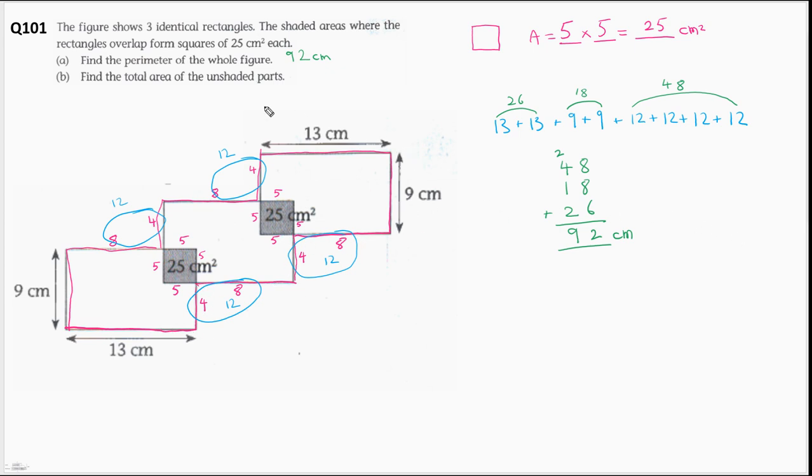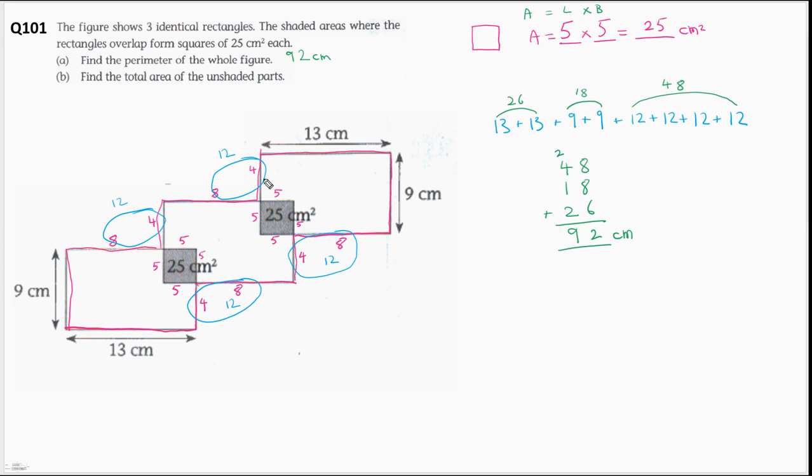Okay. Right. Find the total area of the unshaded parts. Okay. So area, what is area? Well, we mentioned here area. So area, okay, is length times breadth. Okay.